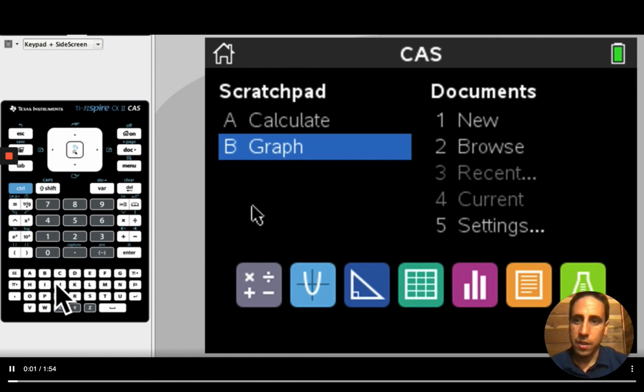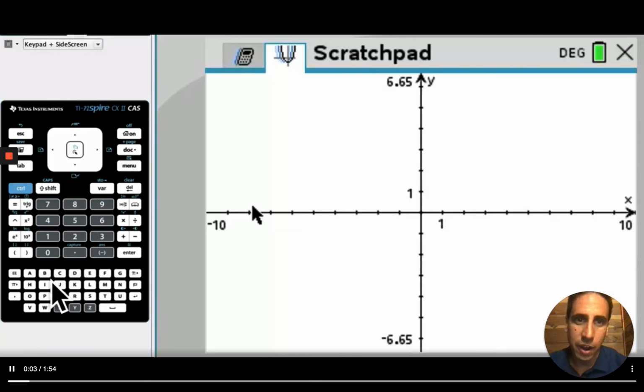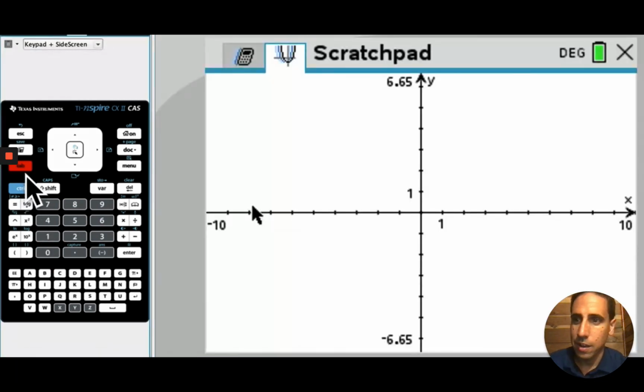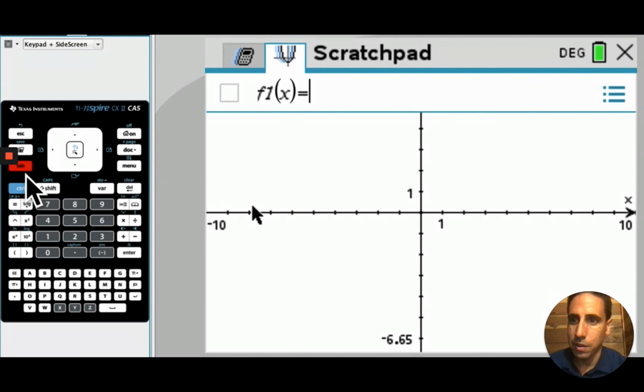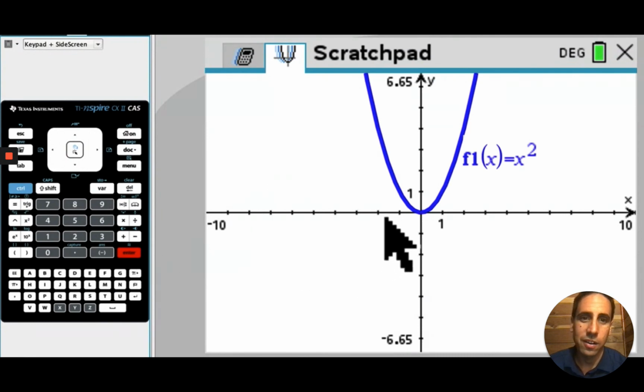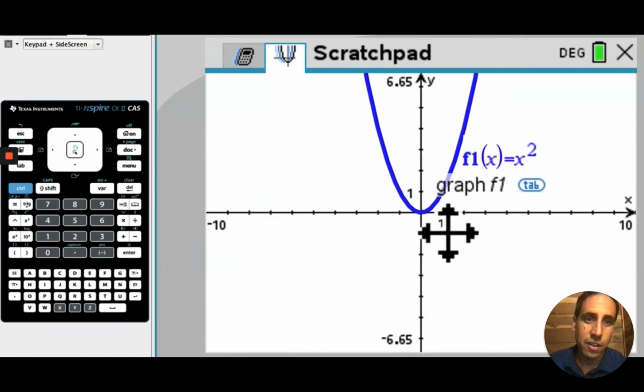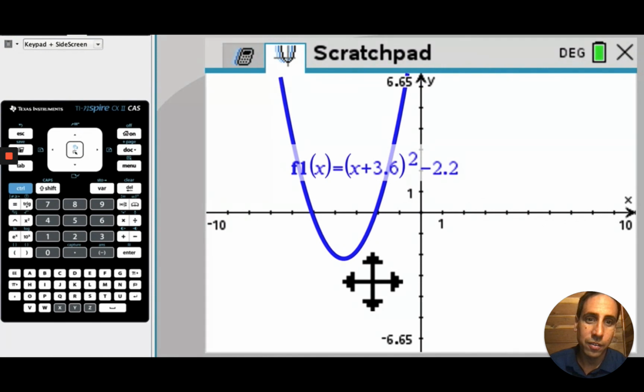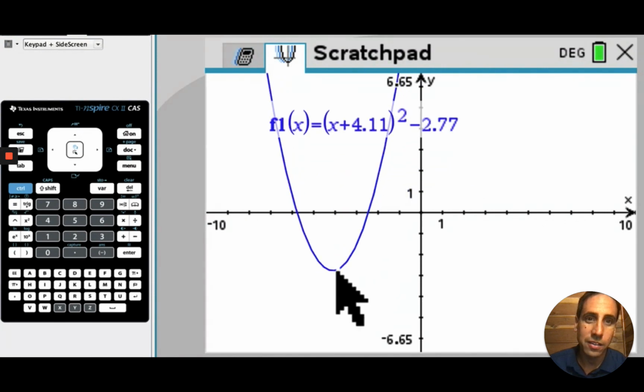So we're going to do B graph on the scratch pad. I'm going to go to Tab and type in x squared. Enter. There it is. Isn't that great? Check it out. When the icon looks like 4 arrows, you can drag it around using the trackpad.